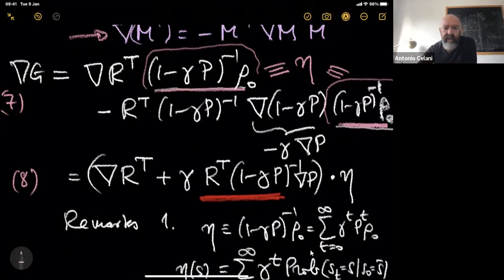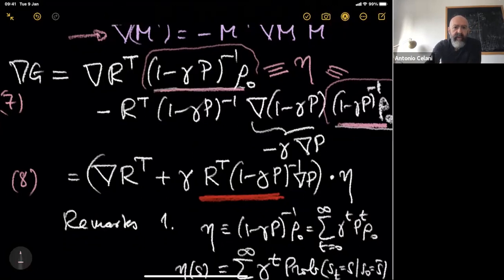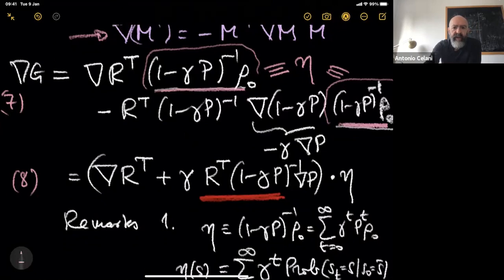Remember that I have a minus here and a minus here, which gets a plus. The gamma goes outside and the gamma p must stay in its place, that is to the right of this inverse. So this is just copy and paste, basically.